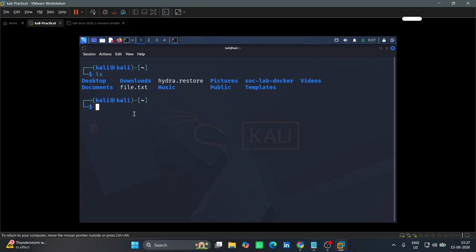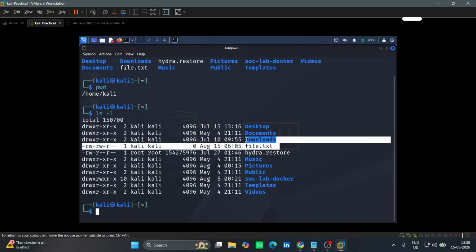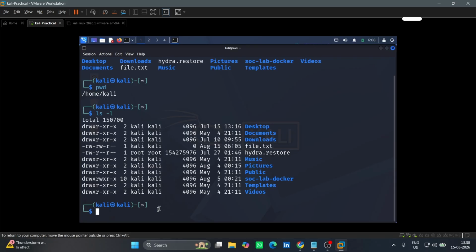So where are we right now? Firstly, let's check the present working directory. We are in home slash kali, file.txt. ls -l, and the permissions here are something like that. It means another user is not able to write or modify file.txt for now, right?